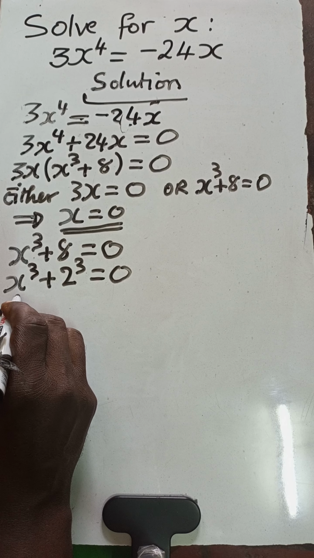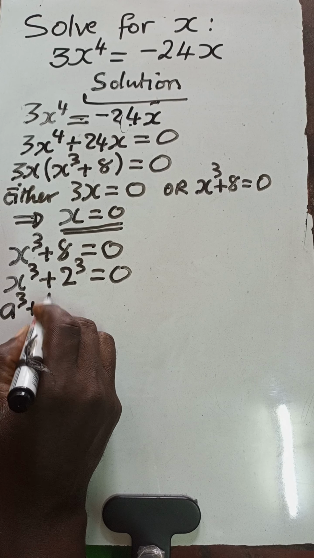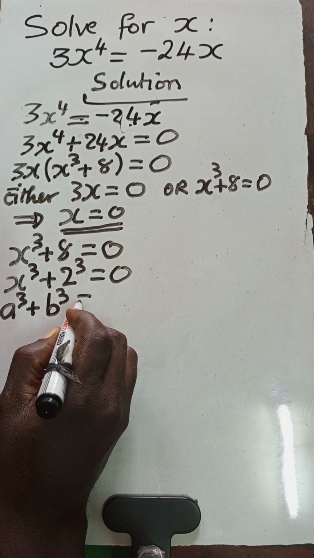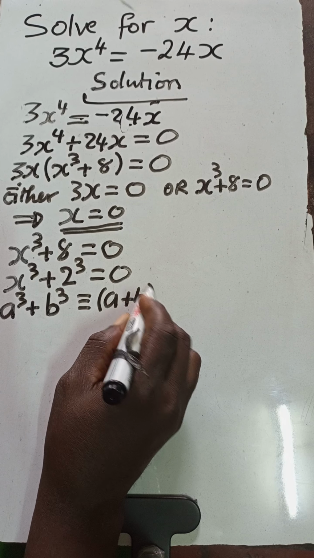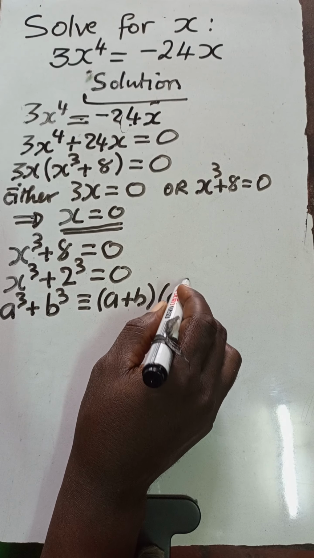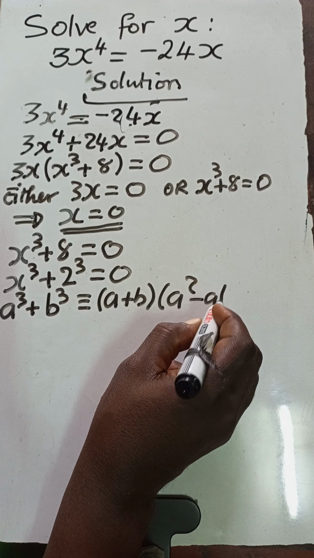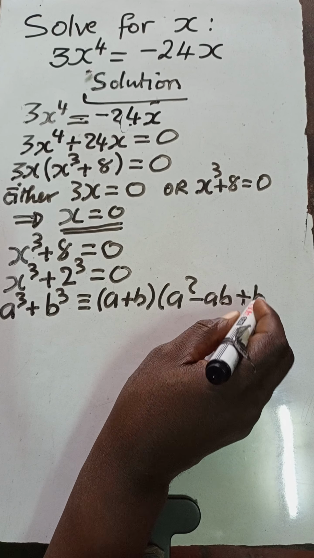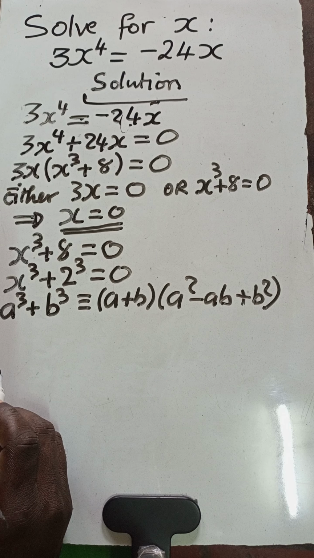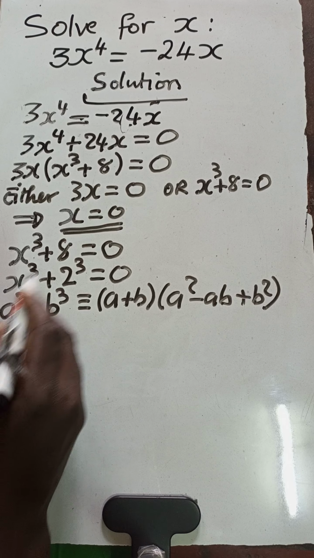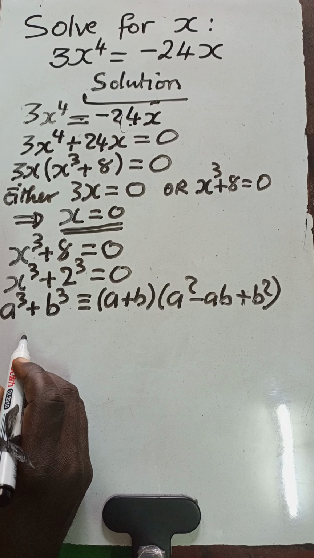Look at the identity again. a cubed plus b cubed is identically equal to a plus b into a squared minus ab plus b squared. This is the identity that we must use in order to solve this equation.